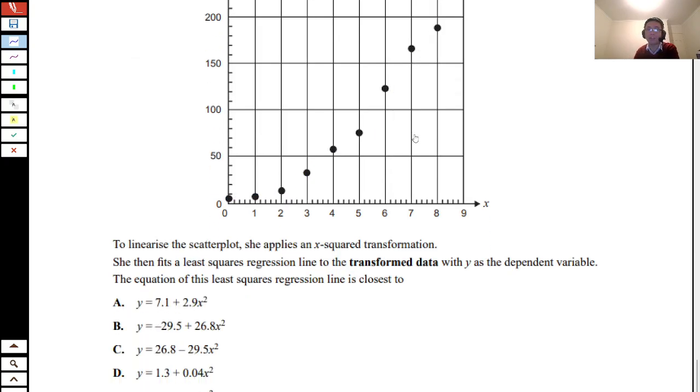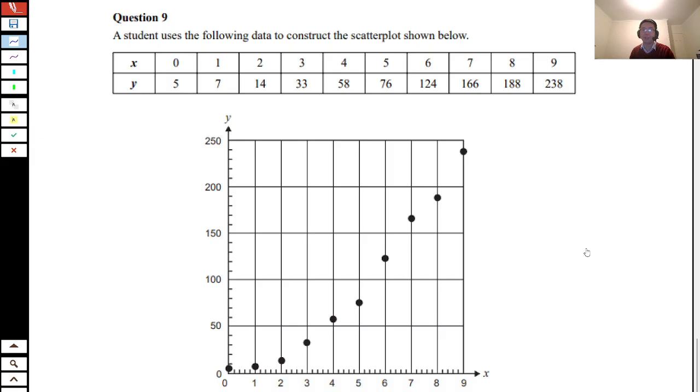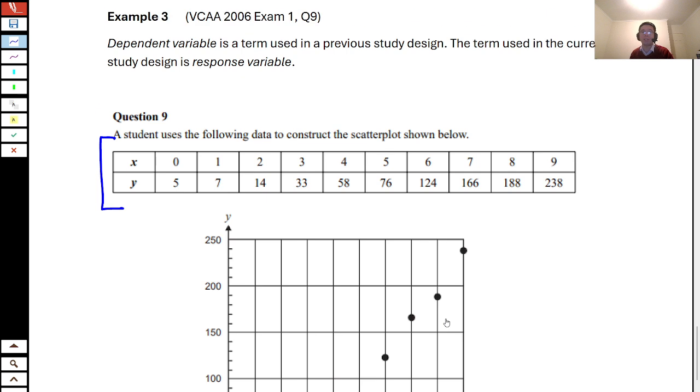And here we're told this time we are applying an x squared transformation. So using this data, you need to type the data in and find an equation of the form y equals a plus b times x squared.